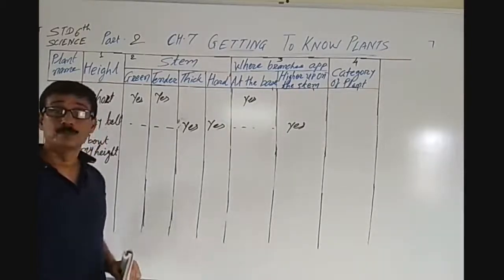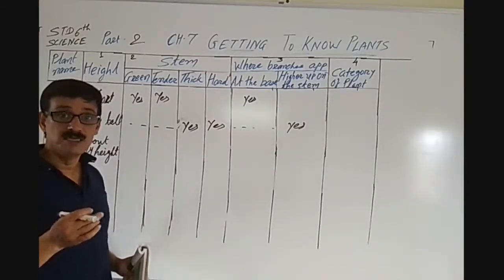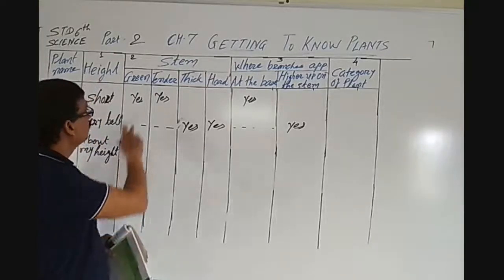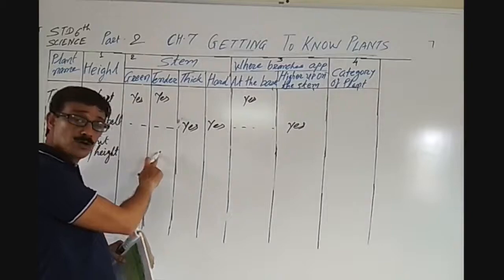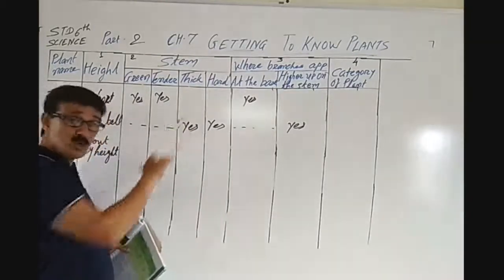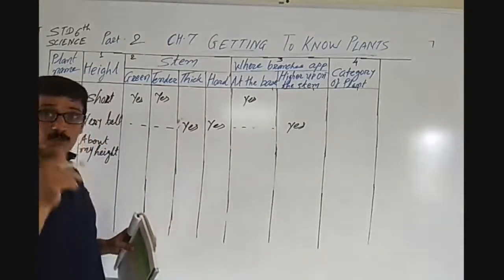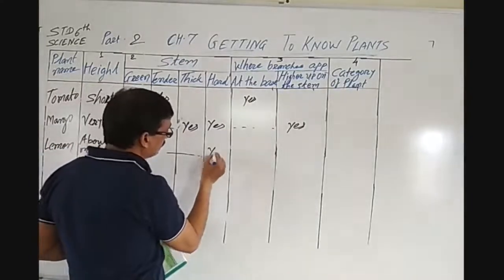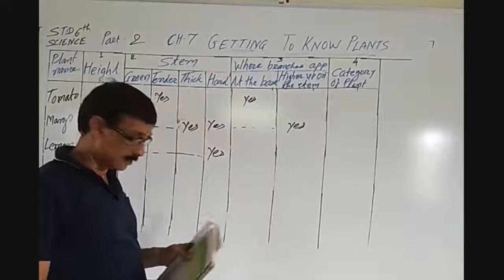Now the stem of the lemon plant does not used to be green, it does not used to be tender, it is not thick also, but it used to be hard. So in this one we will write yes, it is hard.